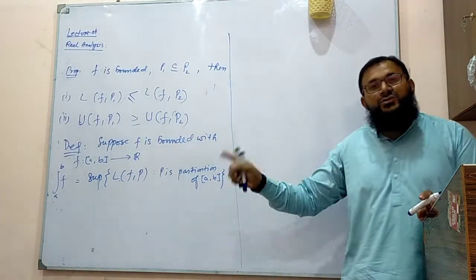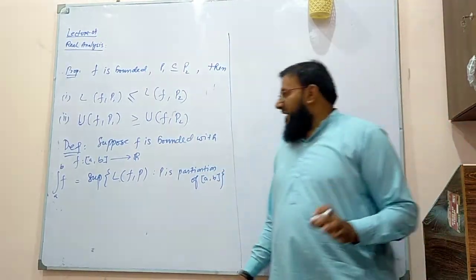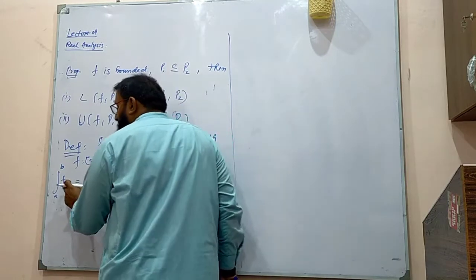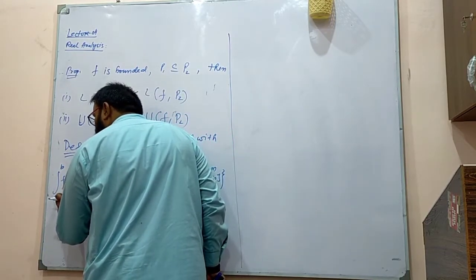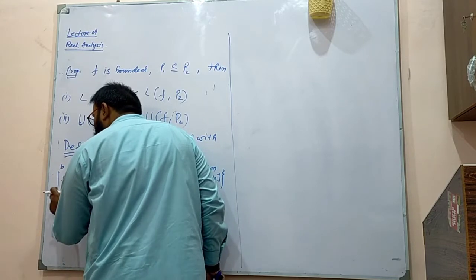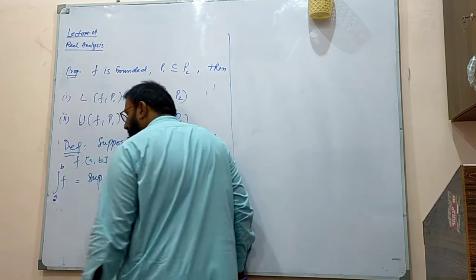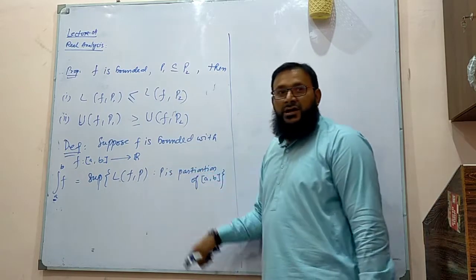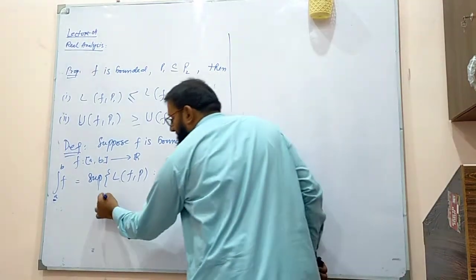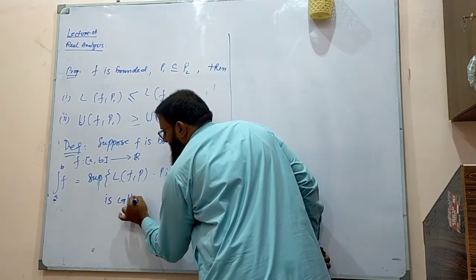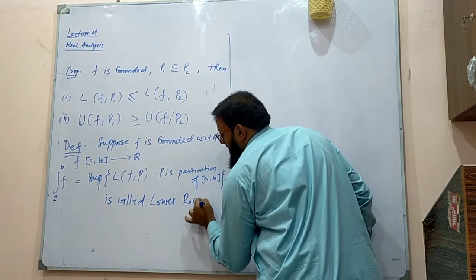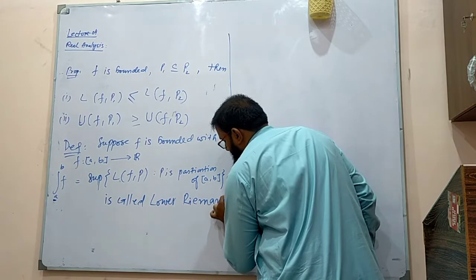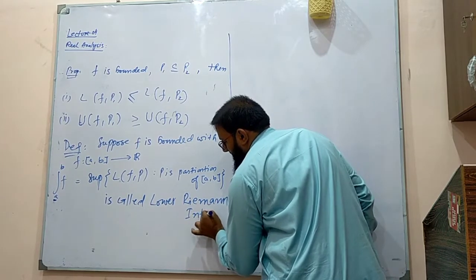So I am taking the supremum of lower sums, and this supremum of lower sums is what we call the integral of f from a to b, but this integral is called lower integral, so we should give a bar there, and this is called the lower Riemann integral.